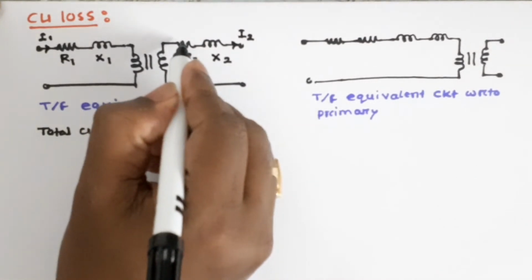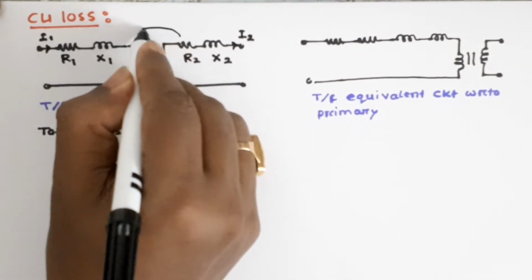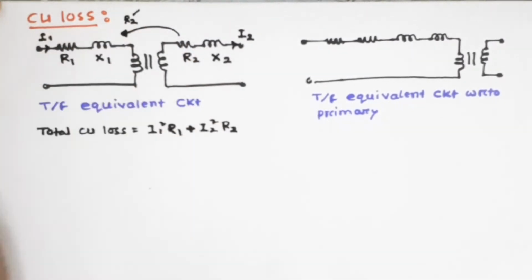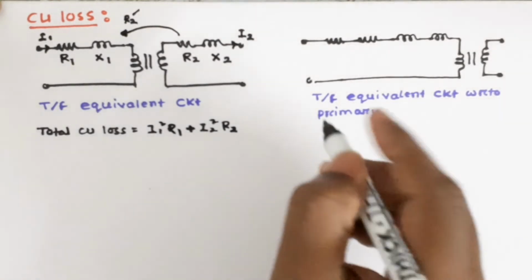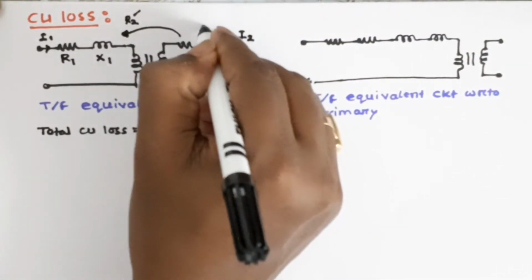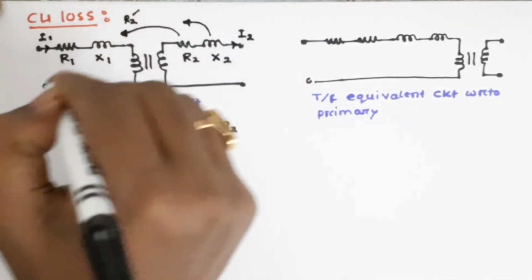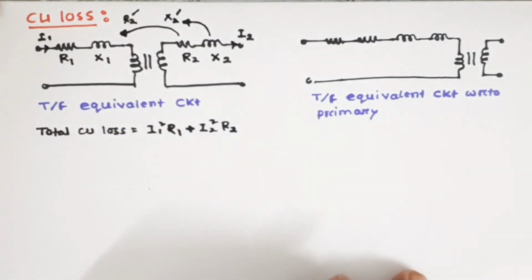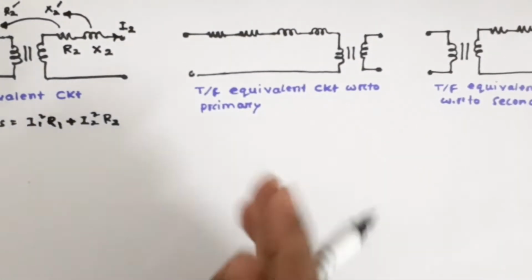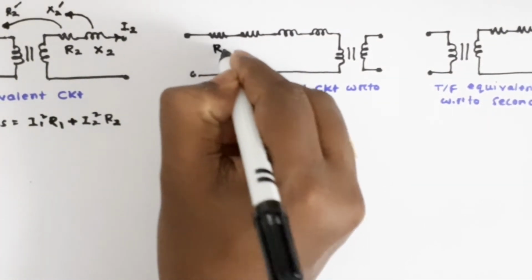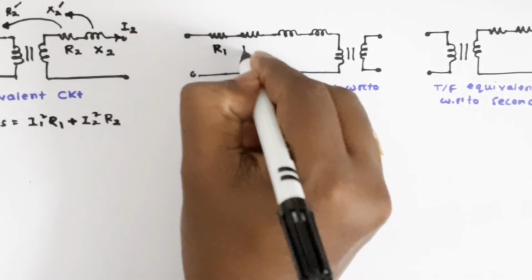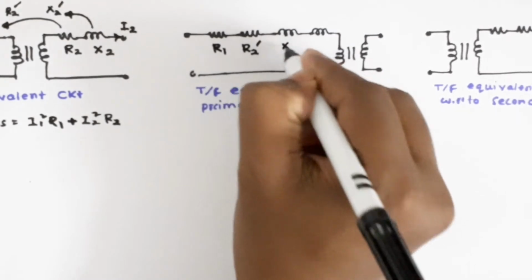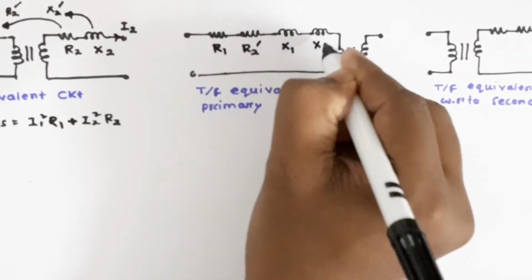Now, the secondary winding resistance R2 can be transferred to the primary side and it becomes R2 dash. Similarly, X2 can be transferred to the primary side and it becomes X2 dash. Now, this is the R1, this is the R2 dash, this is the X1 and this is the reactance X2 dash.